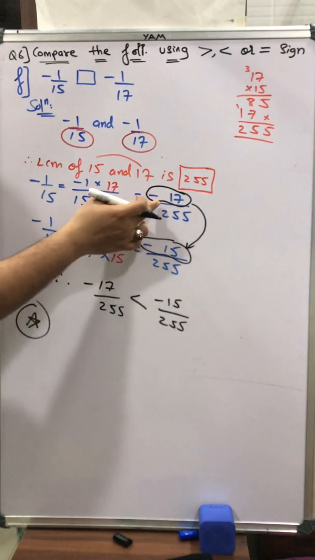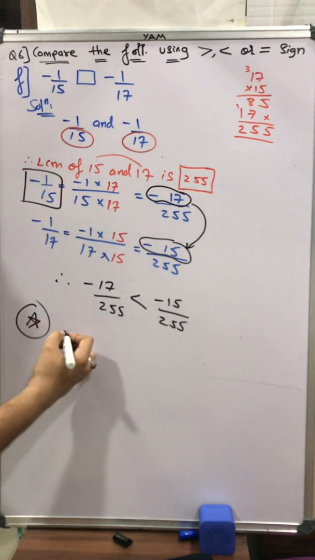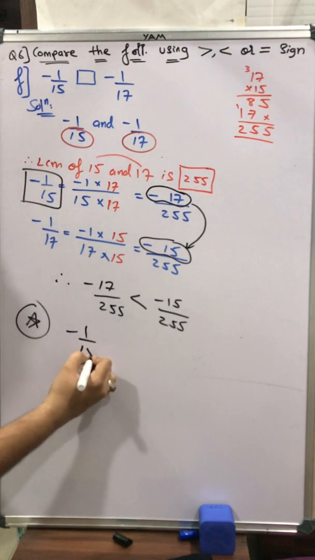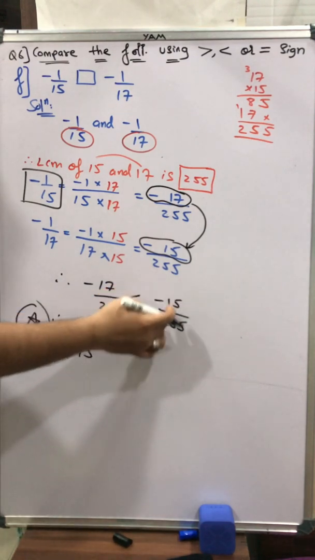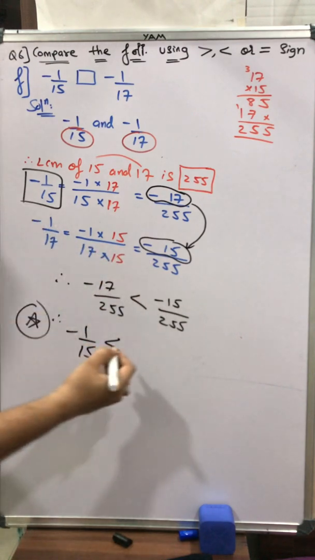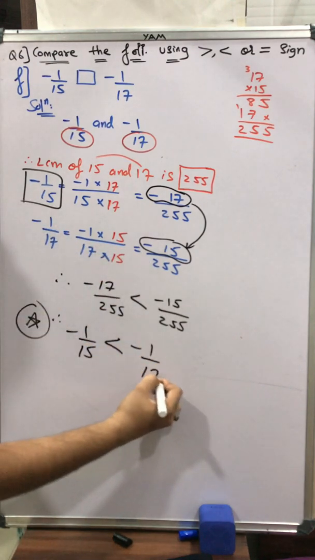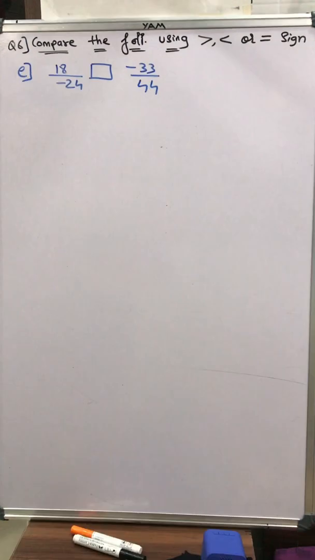We got it from minus 1 upon 15. So therefore minus 1 upon 15 is less than, and from where did you get minus 15 upon 255? We got it from minus 1 upon 17. So students, this is our answer. Hope you understood. Do it fast.